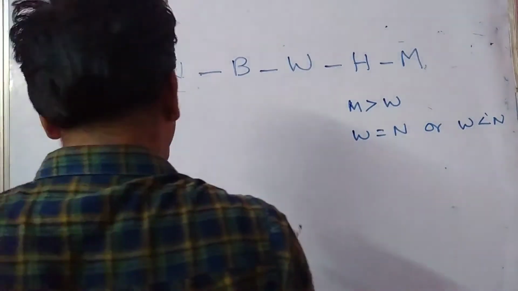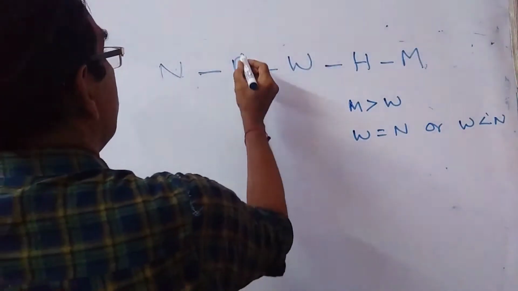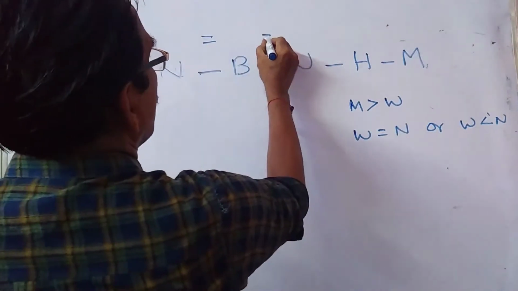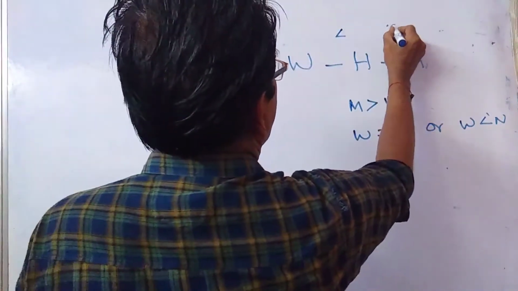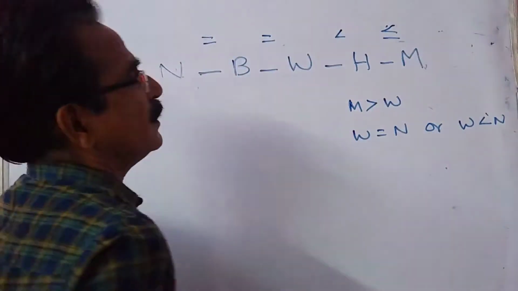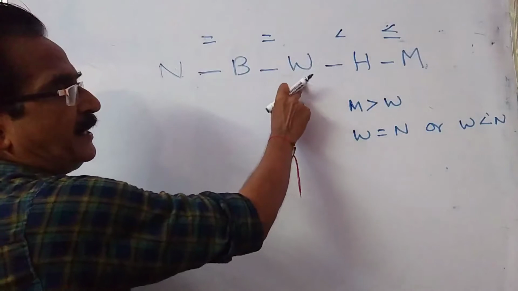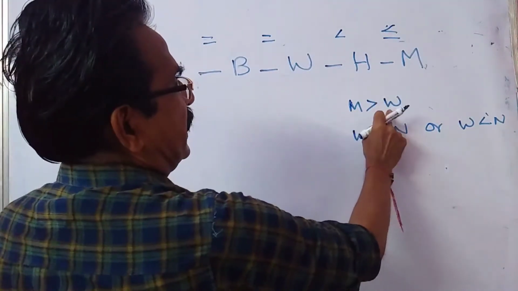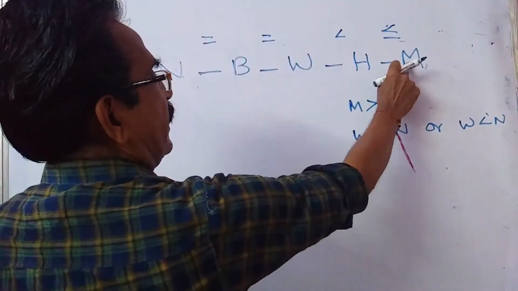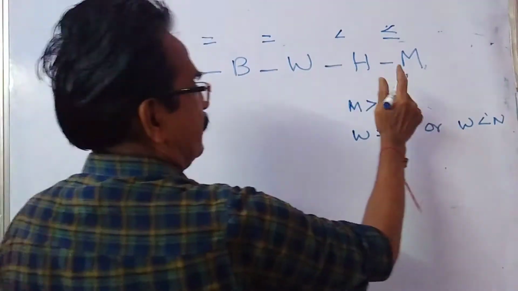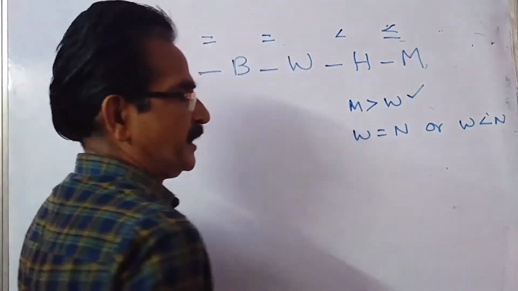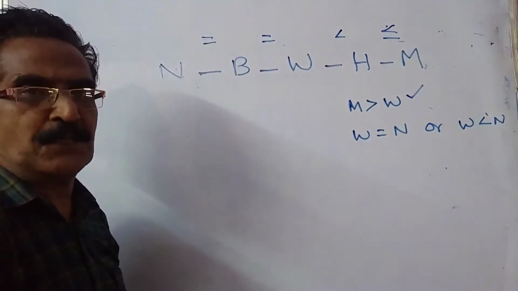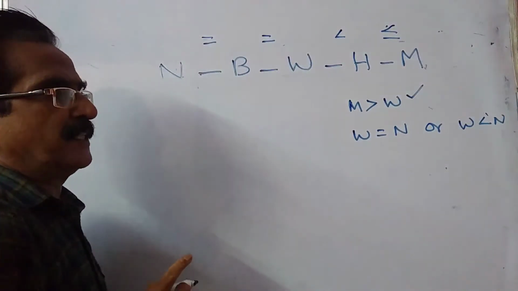Let us see the second option. Equal to, less than or equal to. So here second option, M greater than W. Fine. M greater than W. This is true. First conclusion is true. What is the second conclusion?